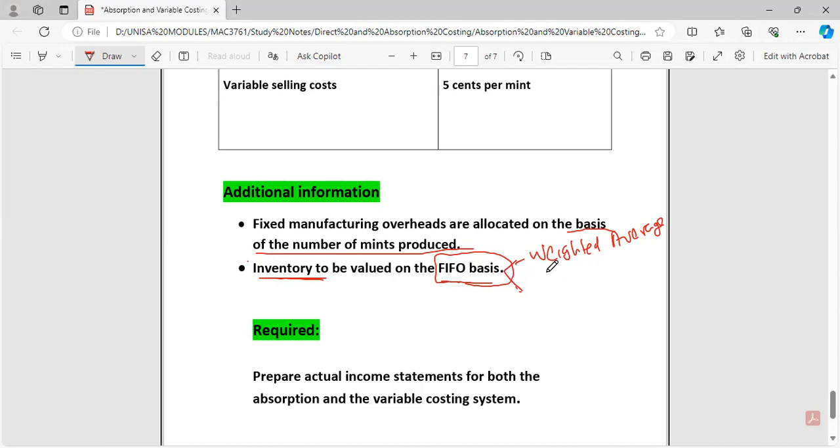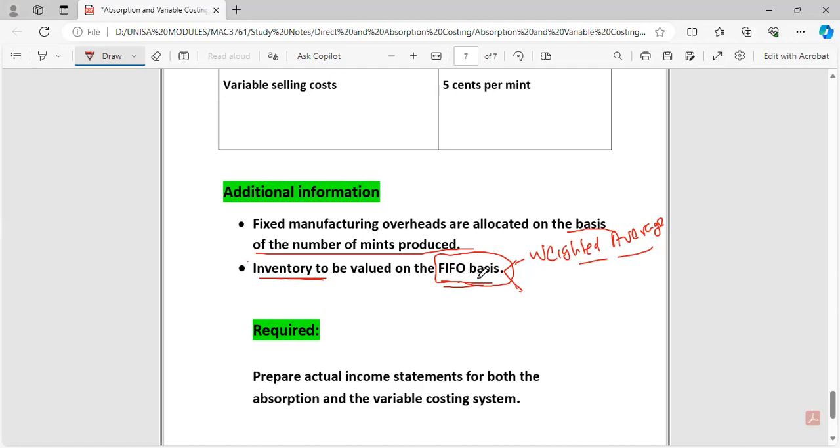If you are using the weighted average, then you are going to include all the inventory, opening and closing. So always look at the question: do I have to use FIFO or weighted average? But for most of our questions, I realize they prefer to use FIFO. So if it is FIFO, the only thing you need to know is you are not going to include opening inventory in the cost of the inventory valuation.